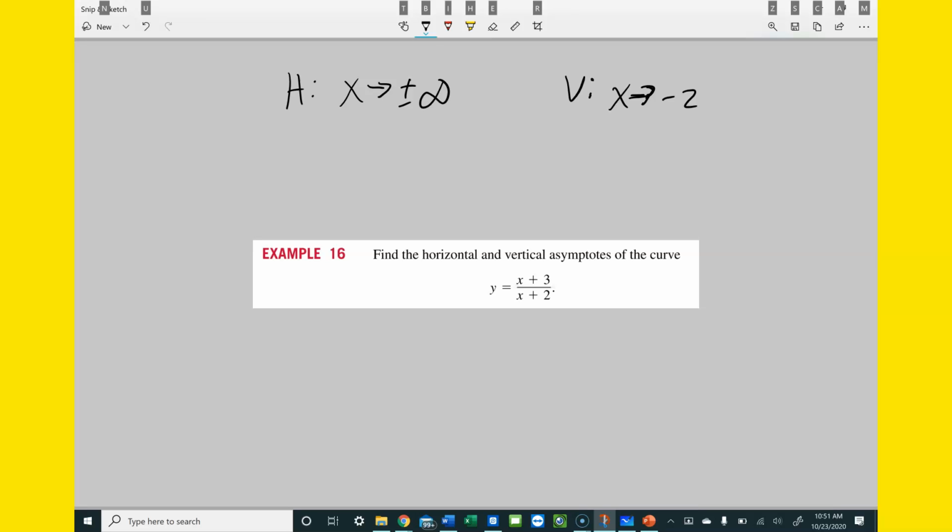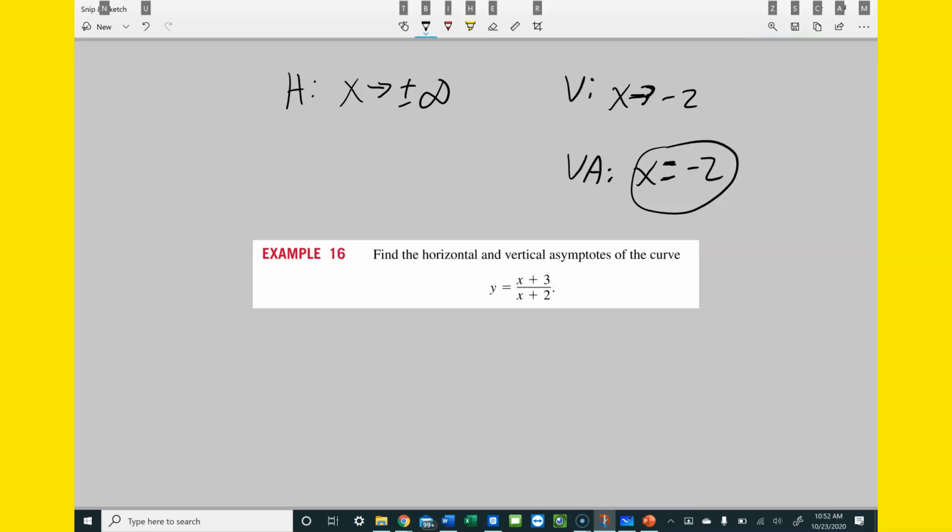So we can go ahead and know actually that we have a vertical asymptote at x equals negative 2. And the reason is because the x plus 2 doesn't cancel out with anything on top, so if it did, it would be a hole in the graph, but since it doesn't, it's a vertical asymptote.